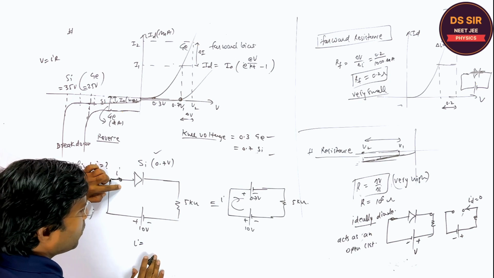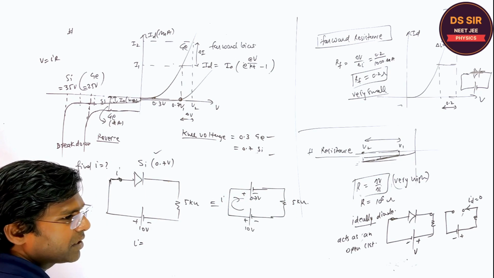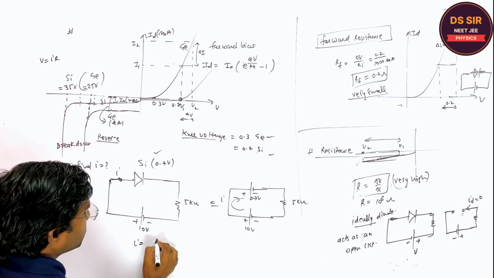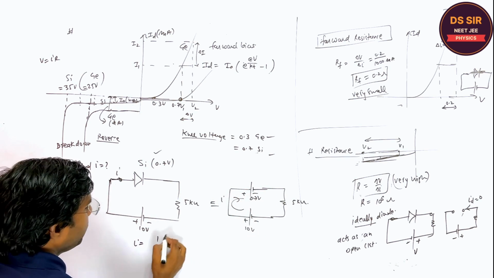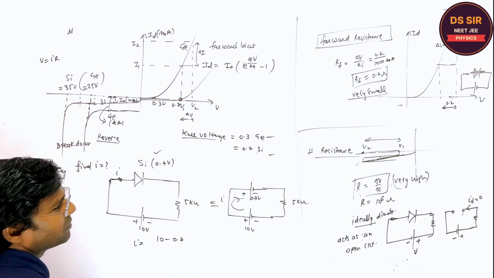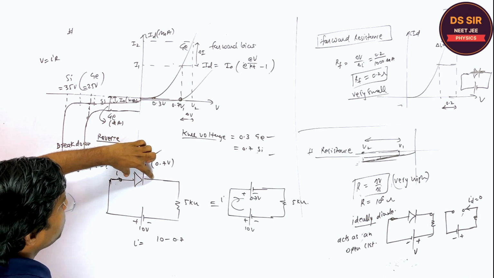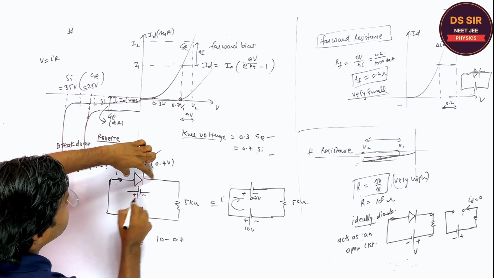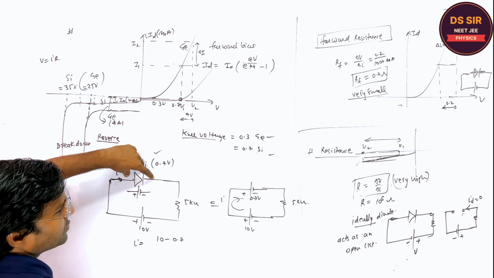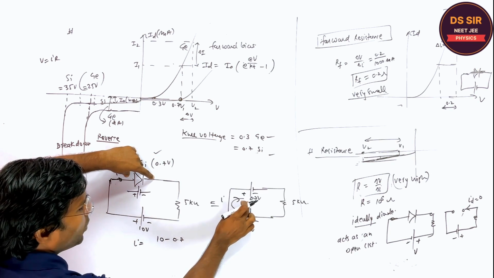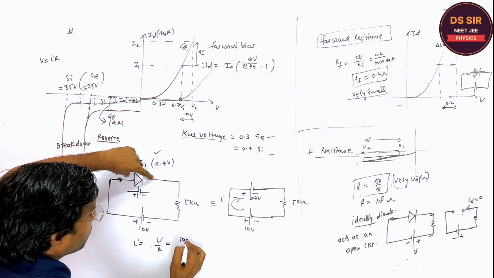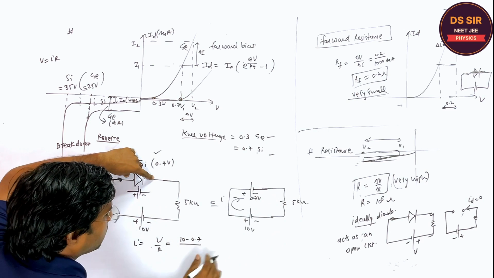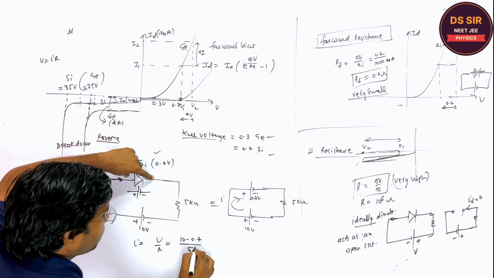The total voltage in the circuit is 10 minus 0.7, because 0.7 is the barrier potential offered by this silicon diode. And the resistance is 5 kilo ohm.